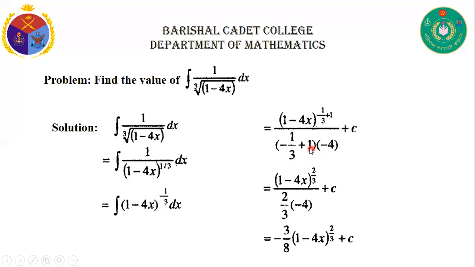So again we can use the formula for f of x to the power n, that is 1 minus 4x to the power n plus 1 divided by n plus 1. And here what is minus 4? Boys, you have to ask me, what is minus 4?